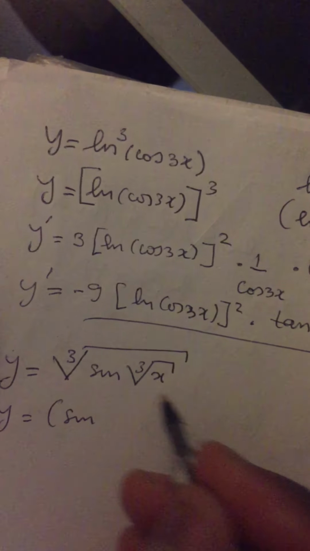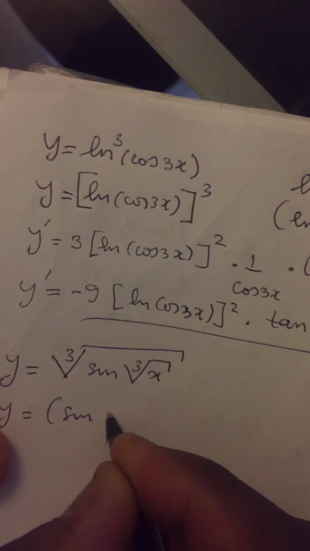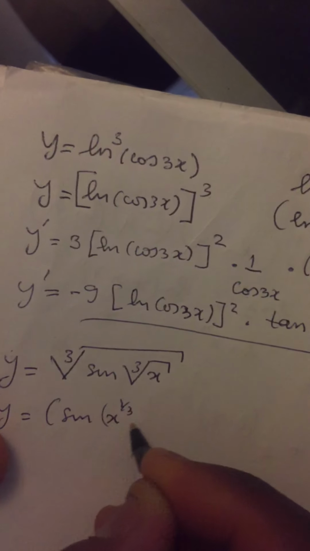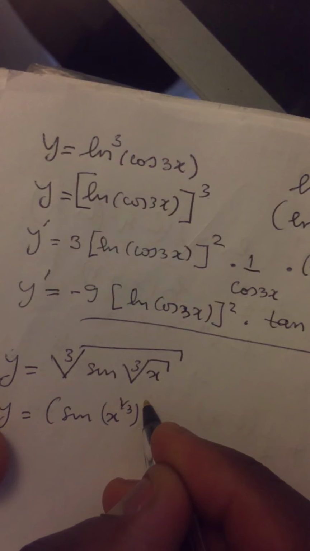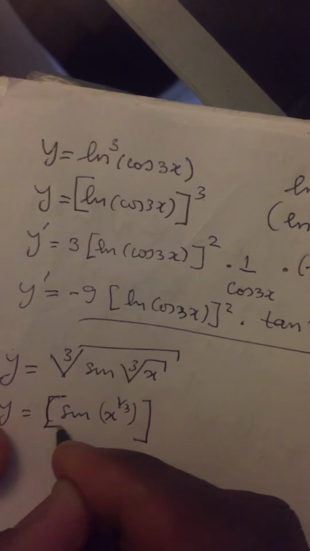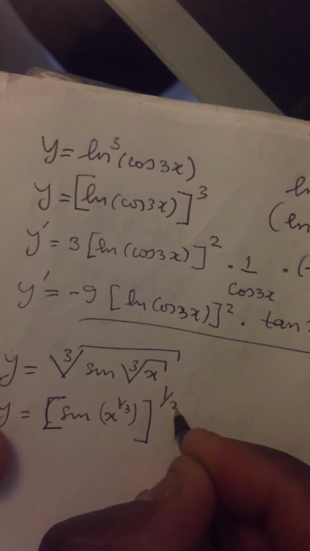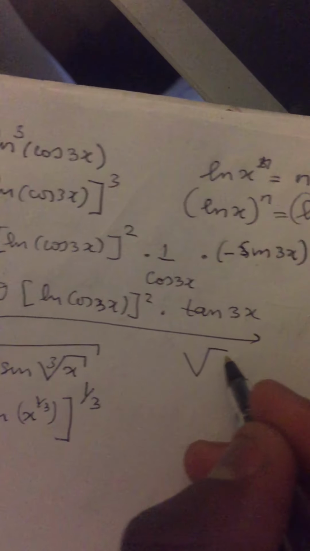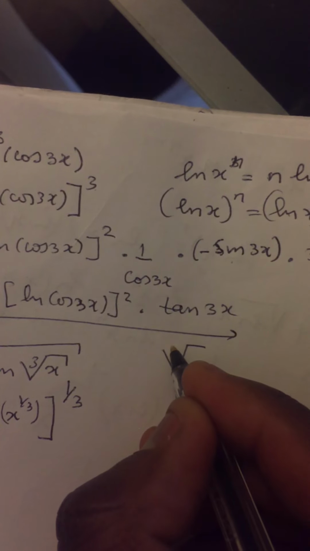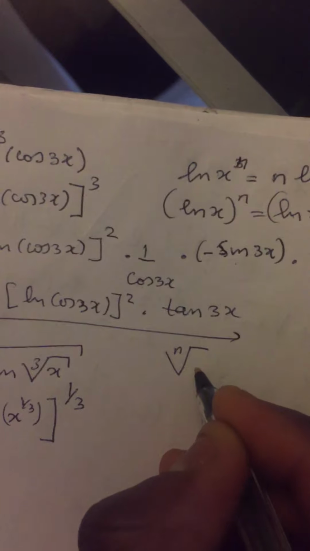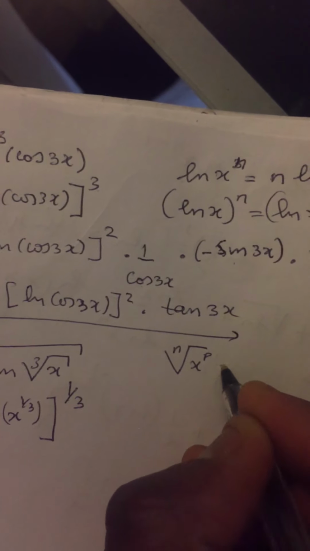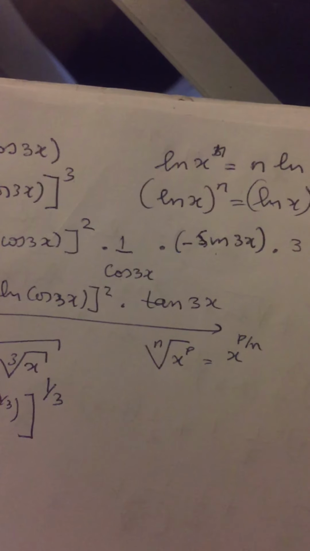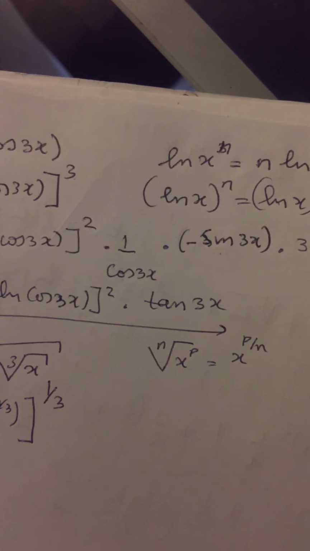If you want, you can leave the angle as it is, but you can also write it as x to the power 1 over 3, because the cubic root gives you 1 over 3. You know this formula from high school: if I have x to the power n equal to p, it gives you x equal to p to the power 1 over n.